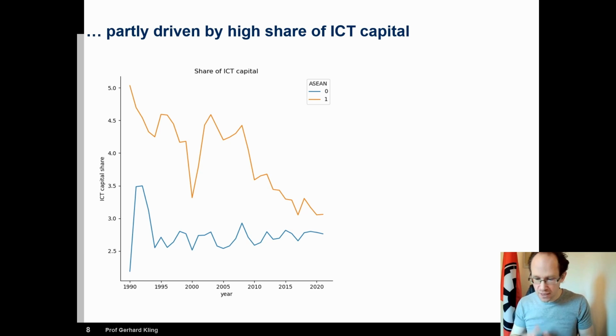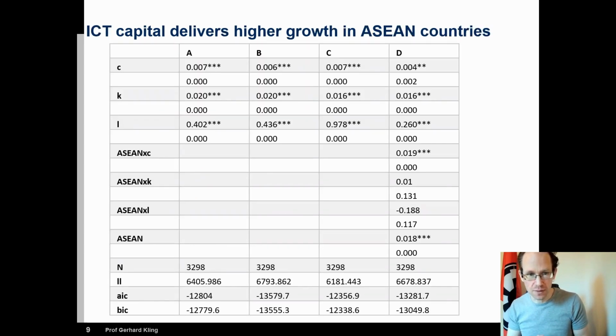And then what we have done using growth accounting is we tried to link economic growth to ICT capital, other forms of capital and labor, and used interaction terms to relate ASEAN countries to these different components of growth. And what we find is that all three capital components contribute to economic growth.